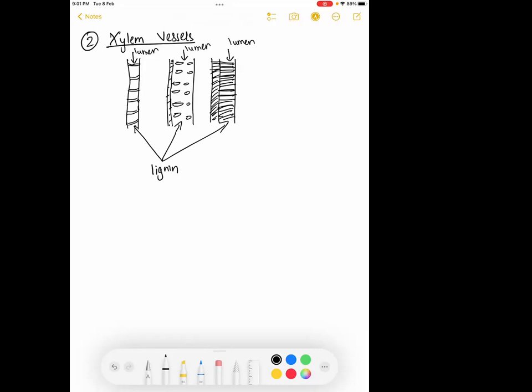So, what are xylem vessels? The main thing is they're elongated hollow tubes that are made of xylem cells linked end to end.